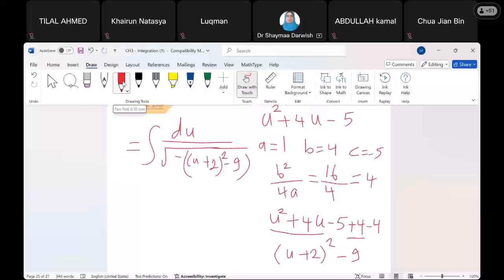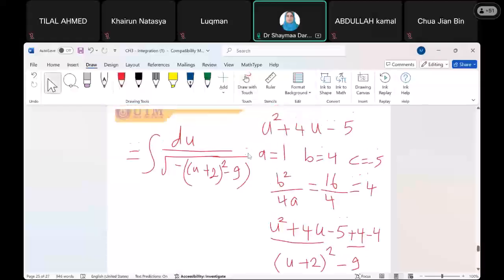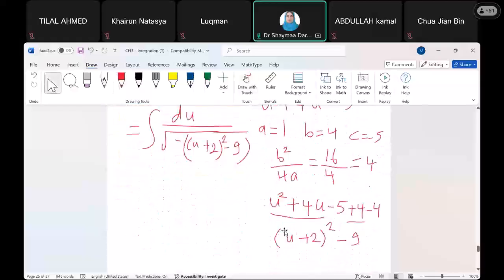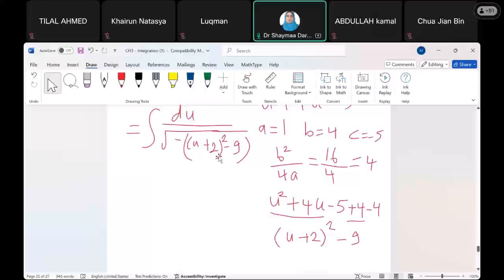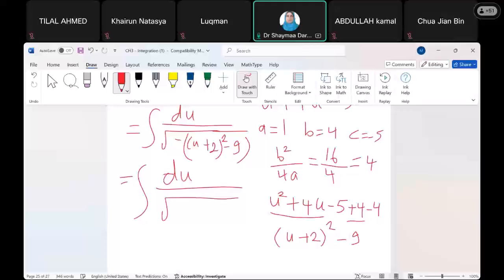So I replace the quadratic expression here by u plus 2 square minus 9. Now multiply the negative sign again. So du over square root of 9 minus u plus 2 square.